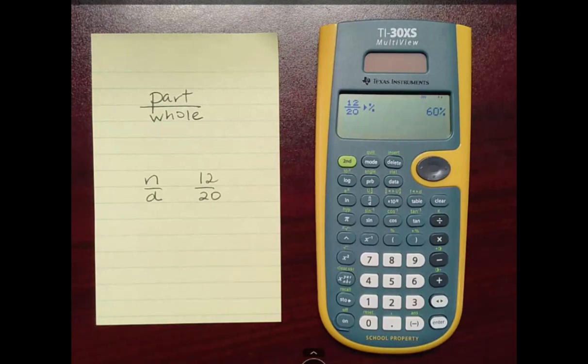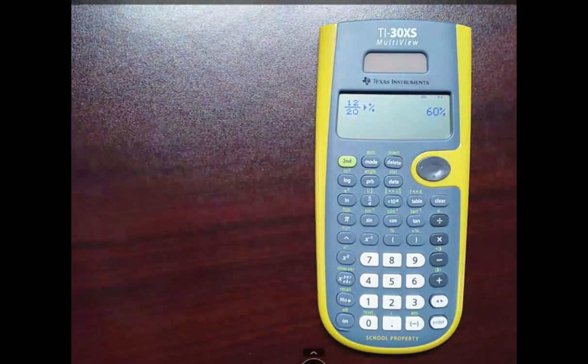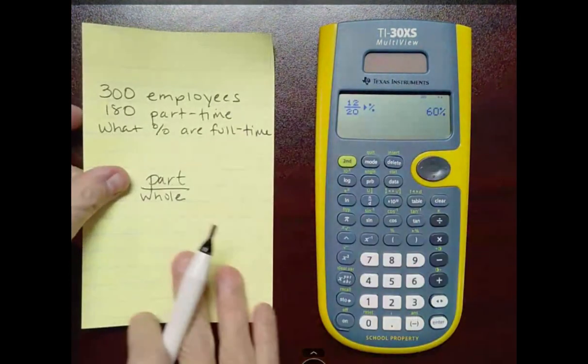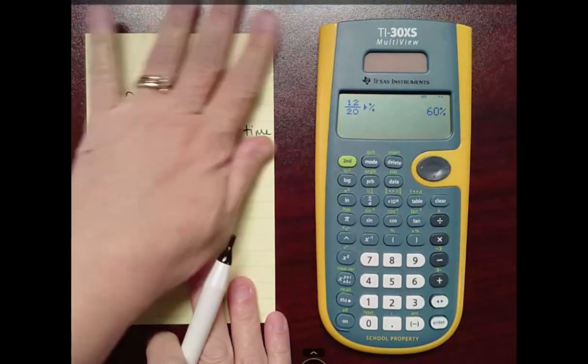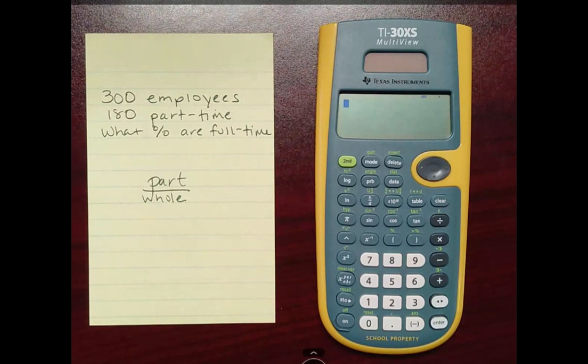Let's look at another example. Suppose a company has 300 employees. 180 are part-time. The question asks what percent are full-time. Now, just like we mentioned earlier, you have to really read the questions carefully because this seems tricky.